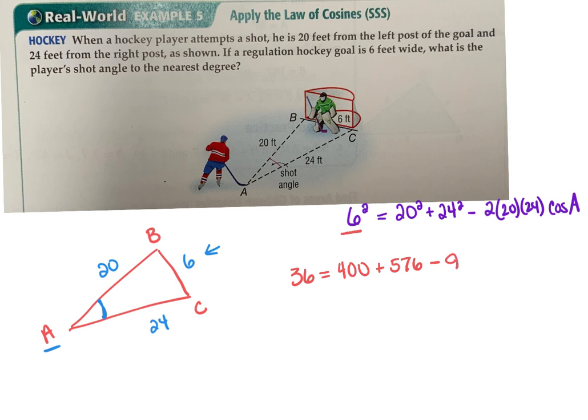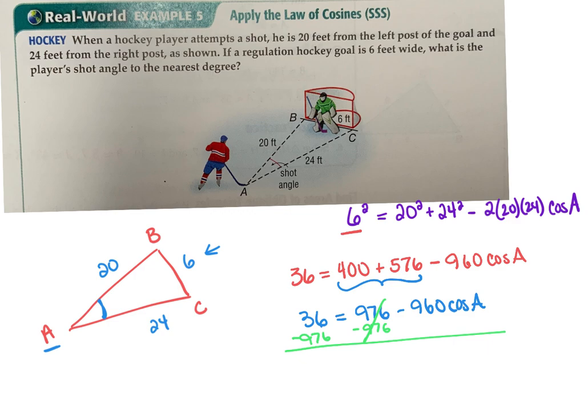What is that? 960 cosine of A. We good? Now I'm going to add these two, right? 36 equals 976 minus 960 cosine of A. Subtract this over. We're just doing basic algebra.